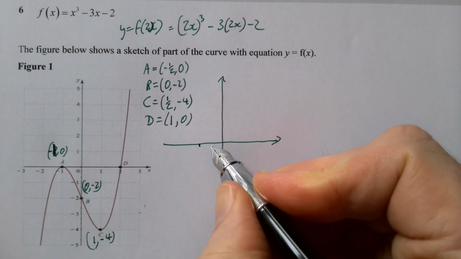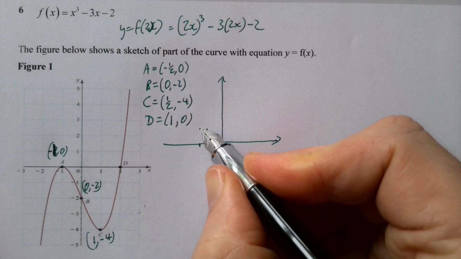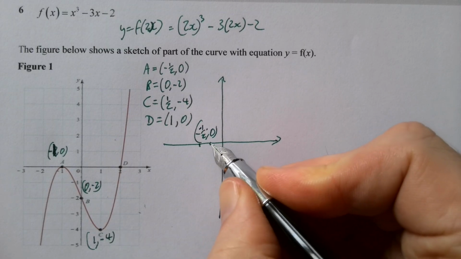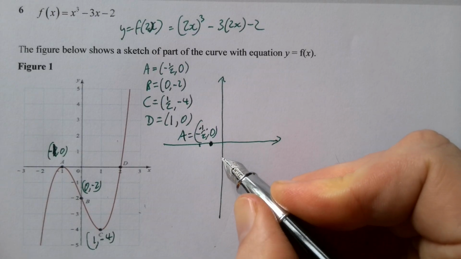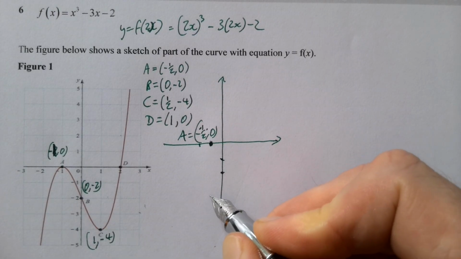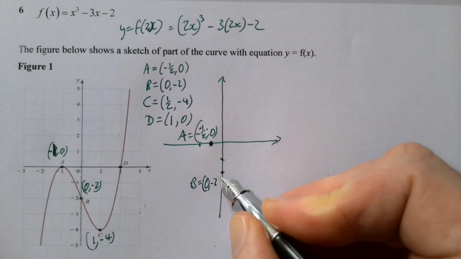So there's 1 and there's 1/2. So, and we can write down negative 1/2, 0. We know it's going to plot there. That's A. Then we've got B, exactly the same place. So B equals 0, negative 2.